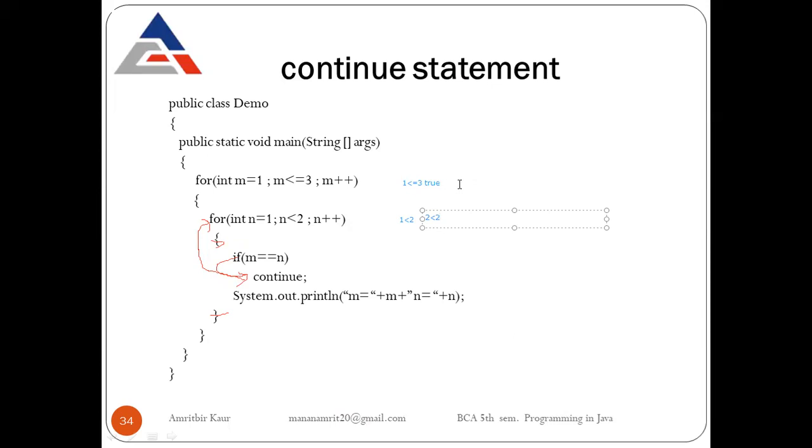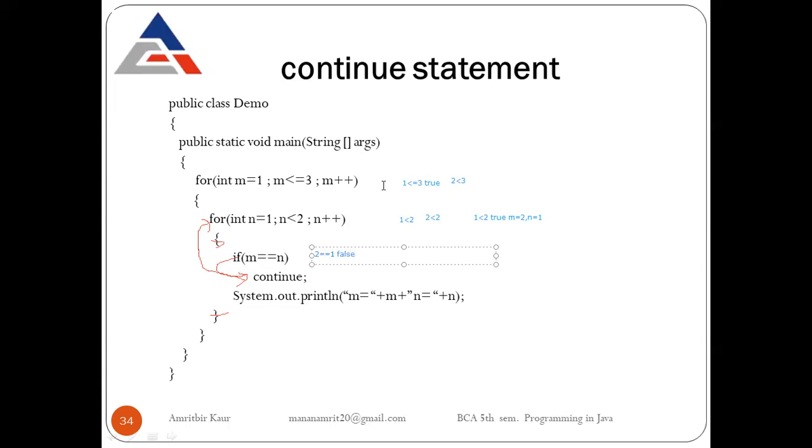Now m becomes 2, 2 is less than or equals to 3, and again the condition is true. Now n is 1, less than 2, the condition is true. Now we have m equals to 2 and n equals to 1, so this if condition is false because 2 equals to 1 is false.